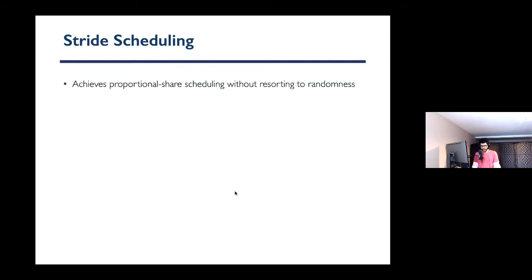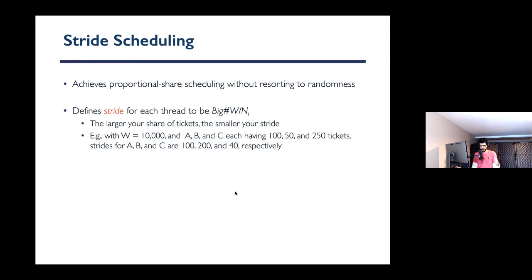In stride scheduling, you define a stride for each thread, and the stride that each thread has is basically a big number. The algorithm that I'm going to describe will be very similar to lottery scheduling. So we're going to have tickets.